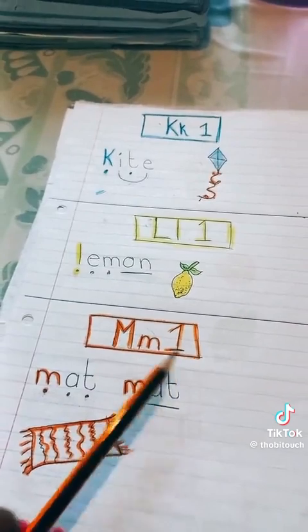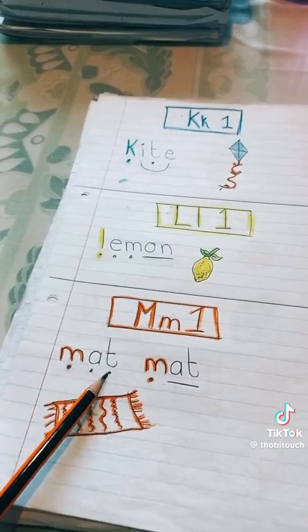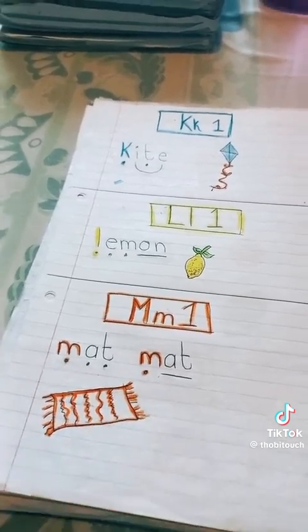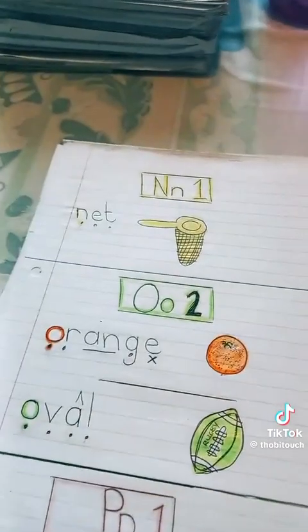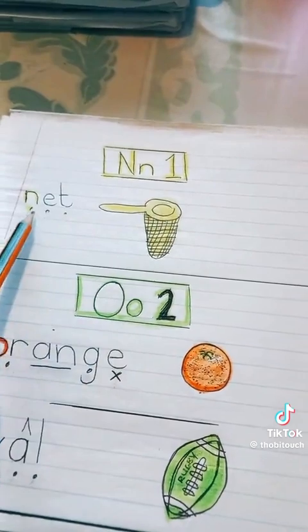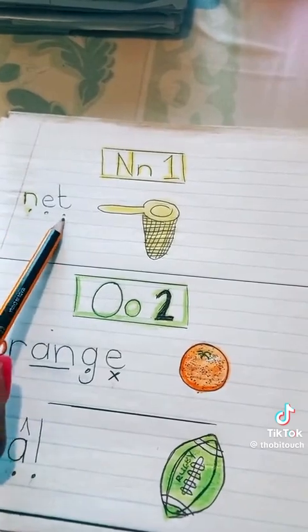M makes one sound, M for mat. N makes one sound, N for net.